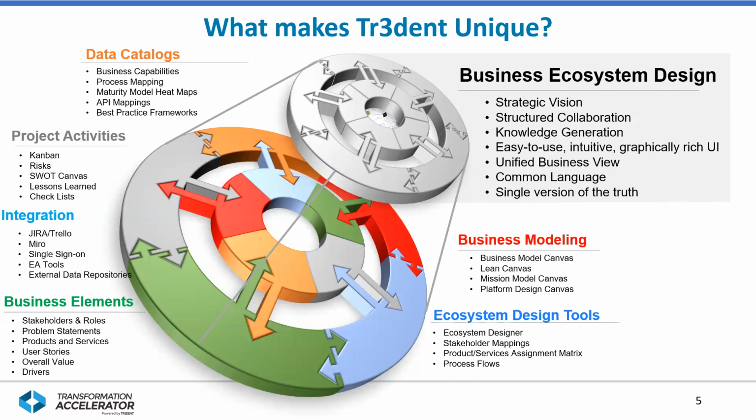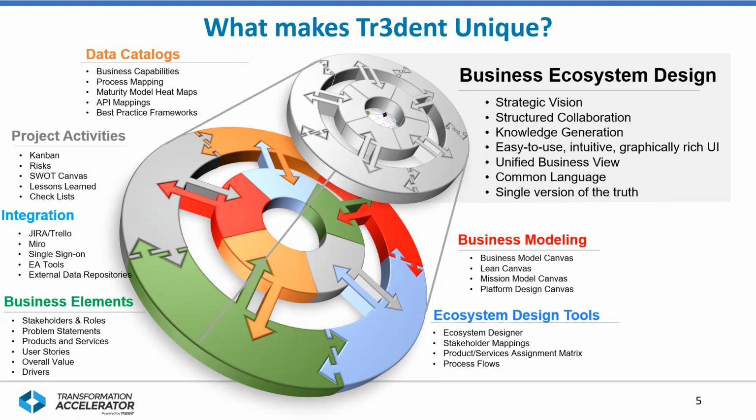We're not trying to replace existing applications such as the Jiras, the Trellos, the Miros of the world. In fact, we integrate with them to pull that content into a single source, making it effective for users to plan and organize their data more effectively.